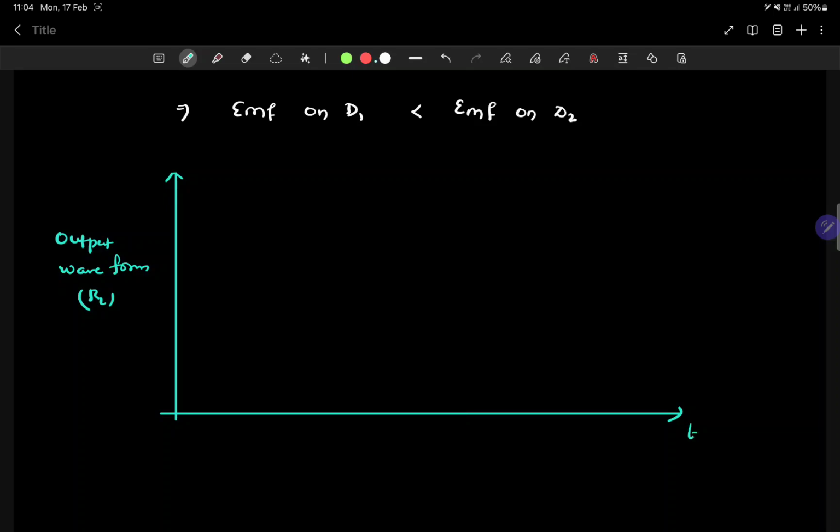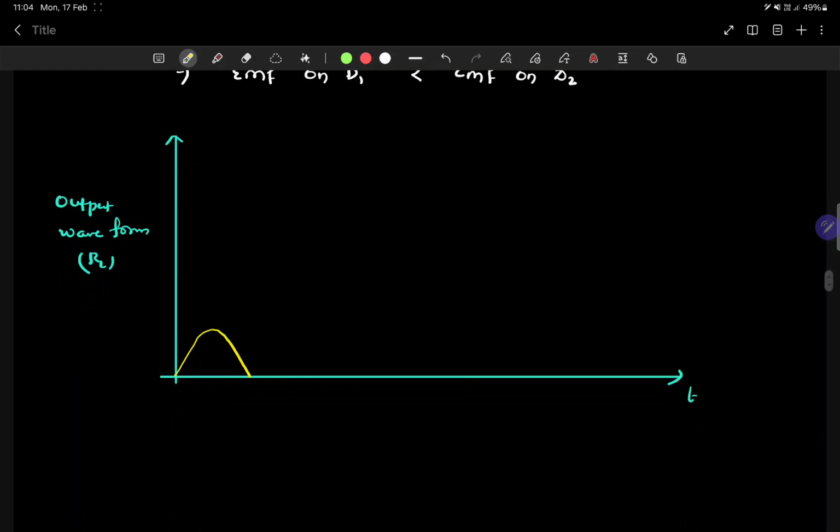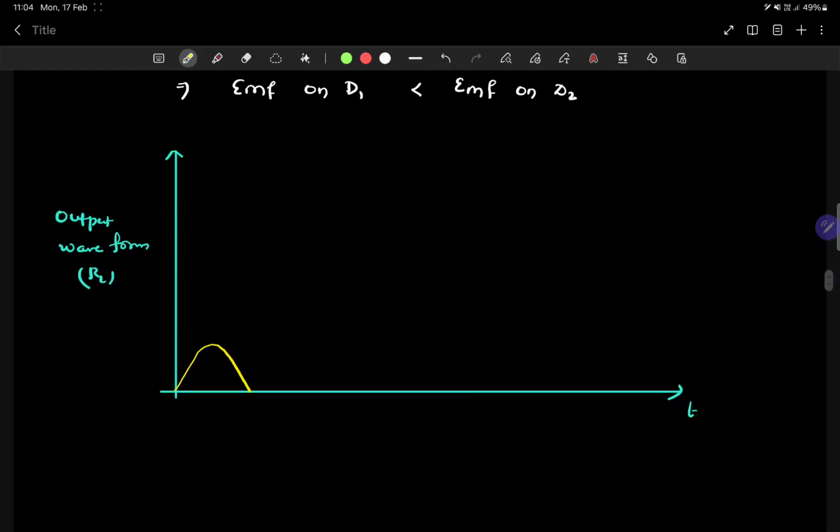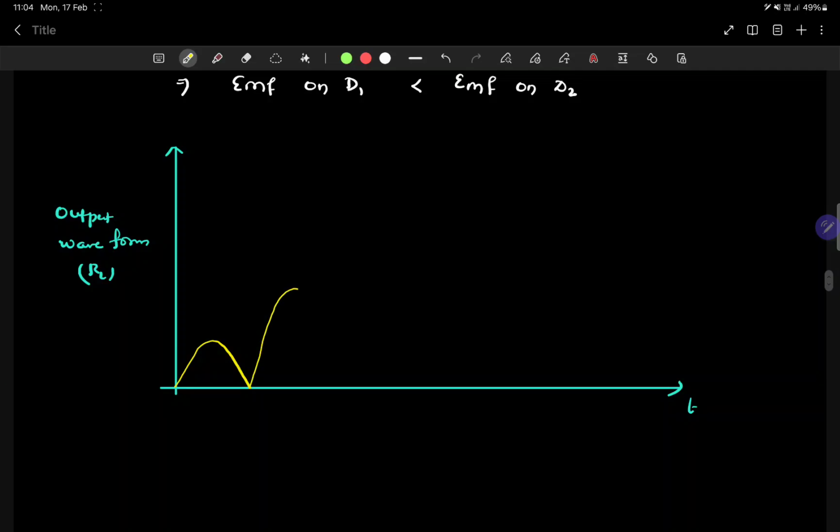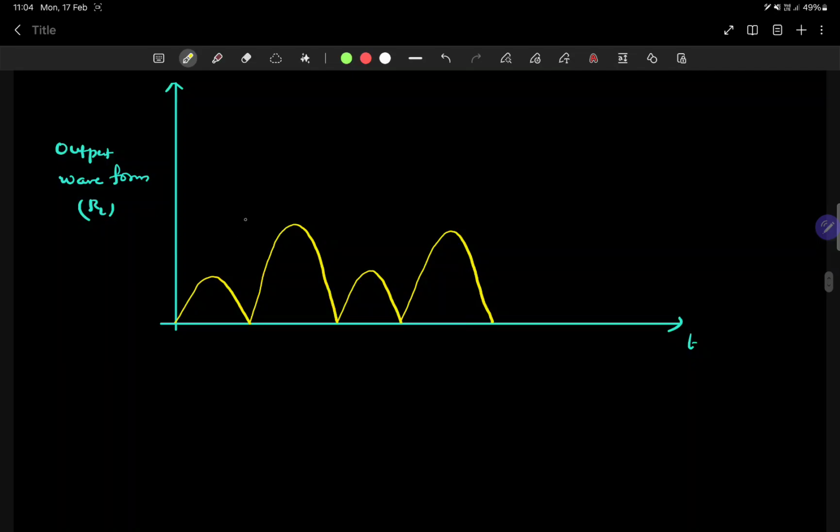So EMF developed on D1 is less, because of this you have to draw the diagram like this. This is due to diode D1, and the EMF on D2 is more. This is the EMF on D2. Then EMF due to D1 and EMF due to D2. I hope you all are getting my point.